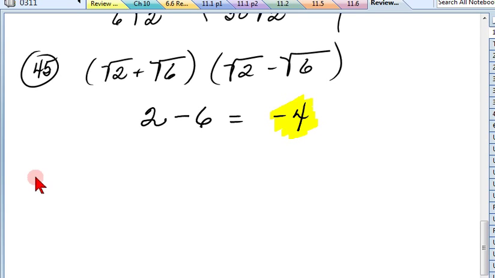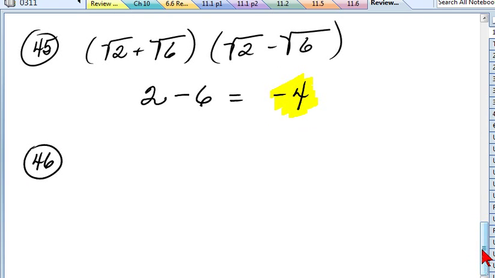All right. Then we have a couple to rationalize the denominator. Number 46 is 2a over the square root of 5. What do I multiply top and bottom by to get rid of that radical in the denominator? Square root of 5 over the square root of 5.